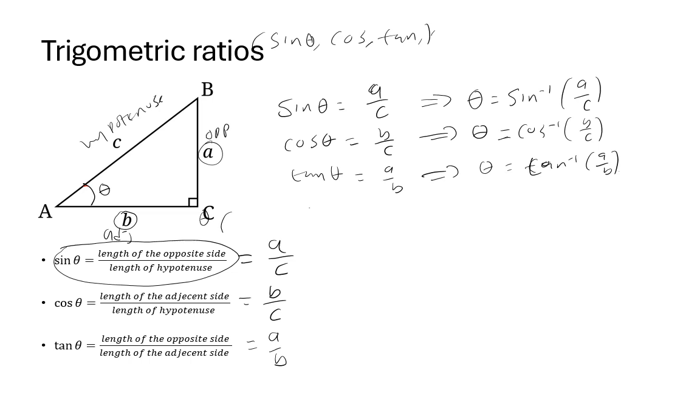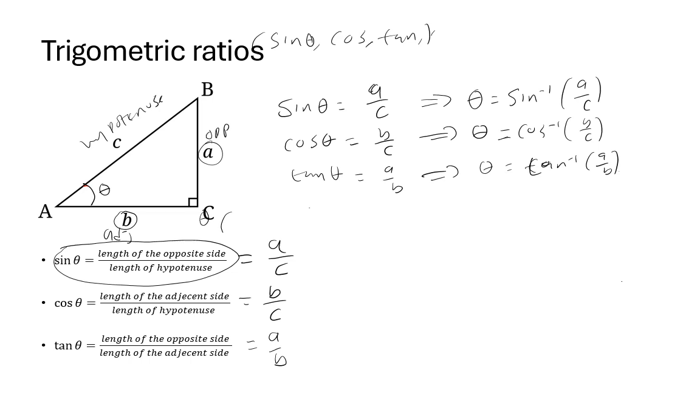We usually use tan whenever we want to find the angle. So we find our A and B, then use tan inverse.